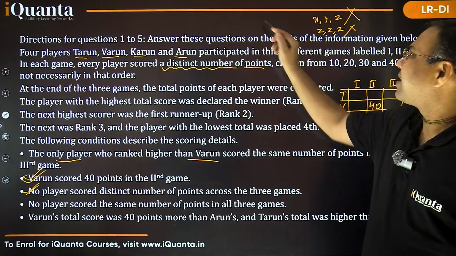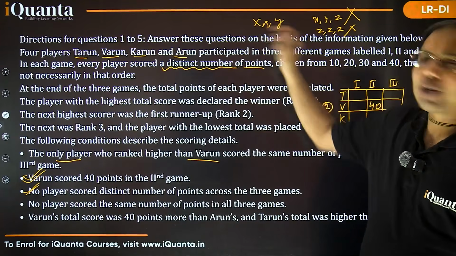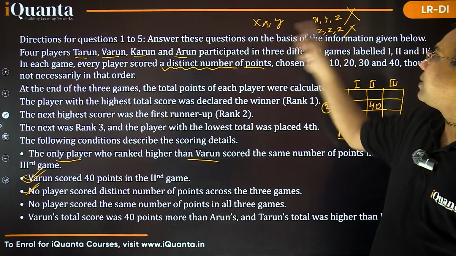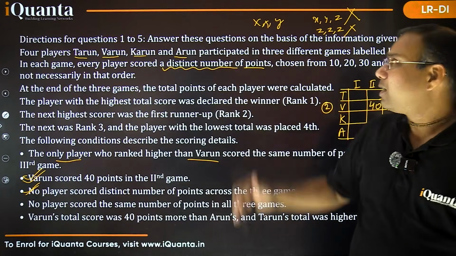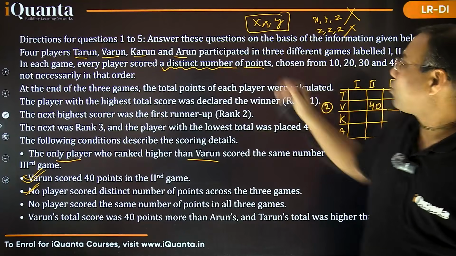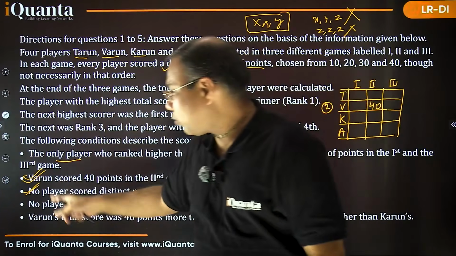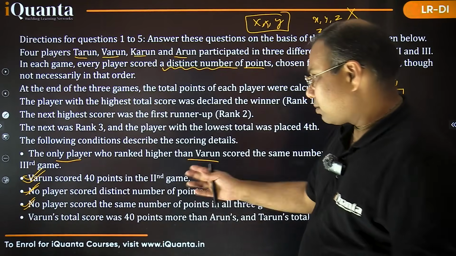So, in a way, I can say x, x, and let's say y. Order could be any, but x, x, and y, because all 3 different is not allowed and all 3 same is not allowed. So, 2 same and 1 different, that should be the case. This is the situation we need to fill for each of the 3 players as confirmed from both of these points combined. So, that was the information.